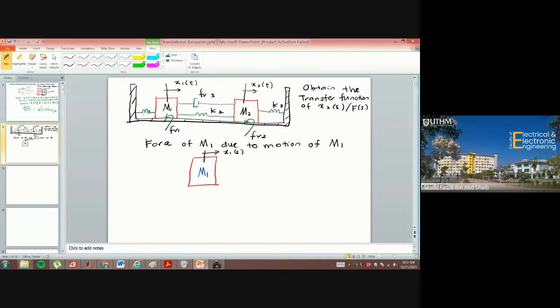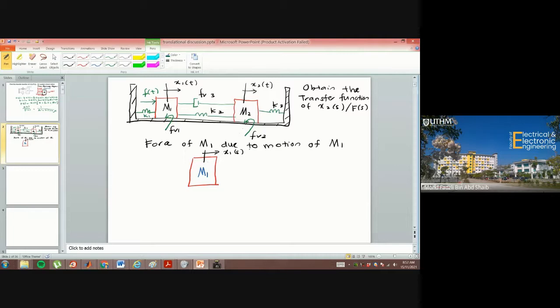Still K1. See, we have another force here, FT. We try to solve one by one first.